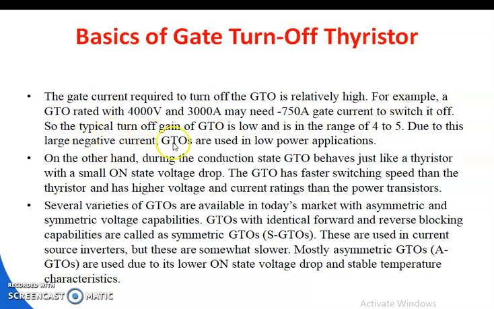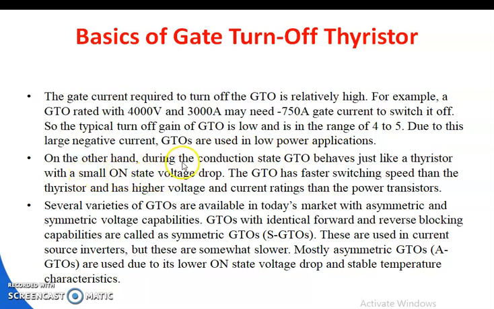So the typical turn-off gain of a GTO is low, in the range of 4 to 5. Due to this large negative current, GTOs are used in low power applications.